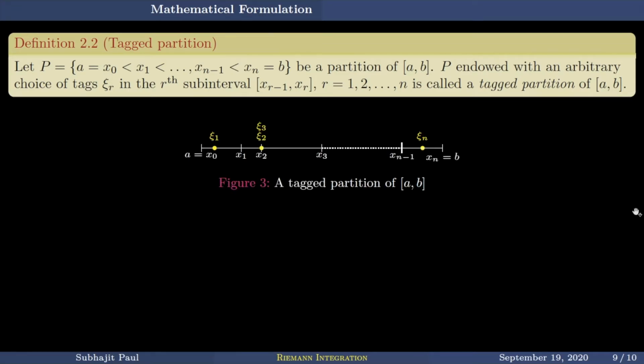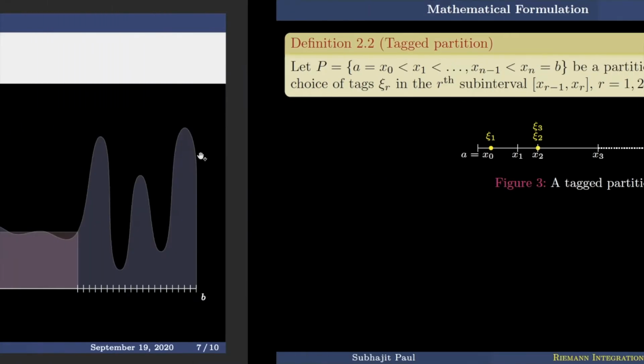What is that? From each subinterval, we choose a point where we will be erecting our rectangle, where we will be finding the functional value and choosing that as the height of the rectangle.